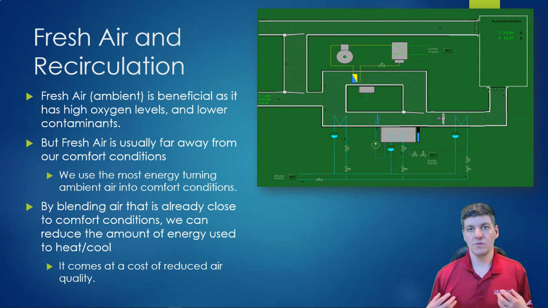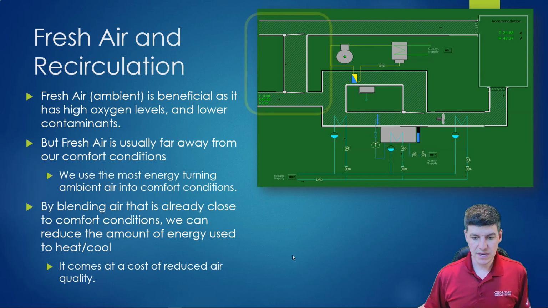And so in order to minimize or reduce our energy consumption, we tend to recirculate some air. And so we have some recirculation pathways that we can use in order to recirculate some of the already treated air that can then blend in and move through.